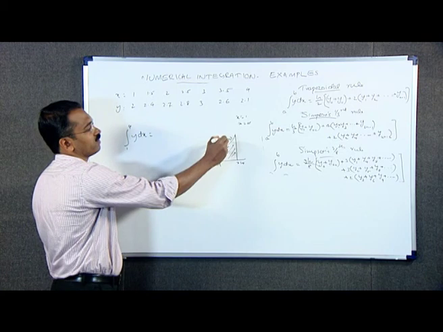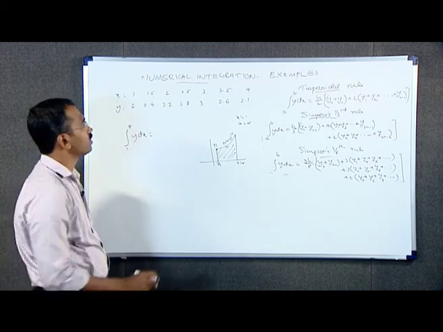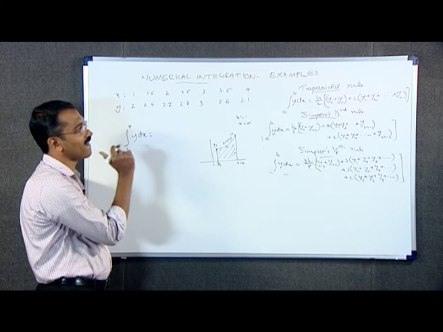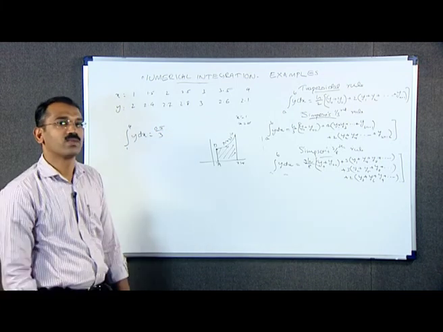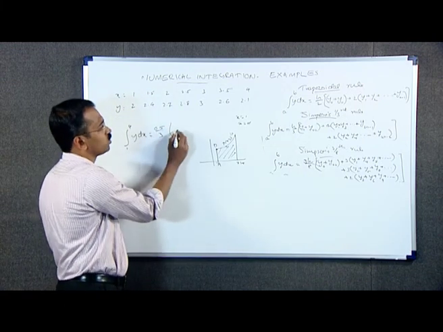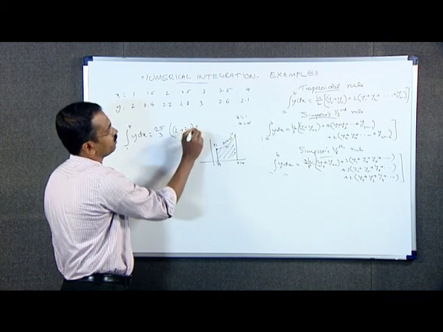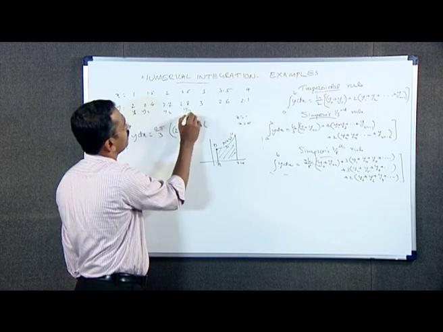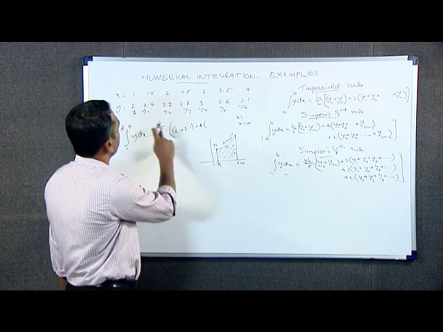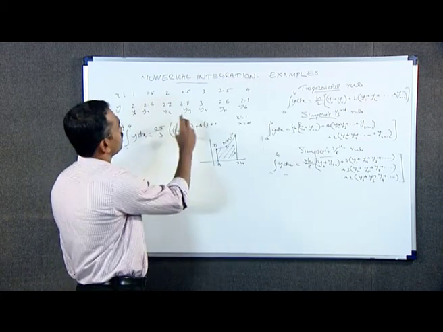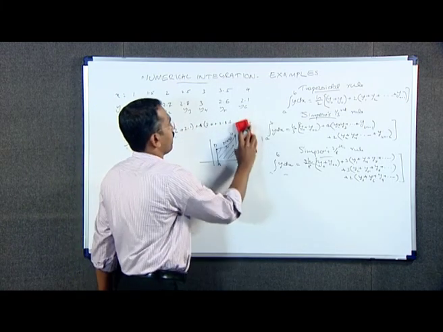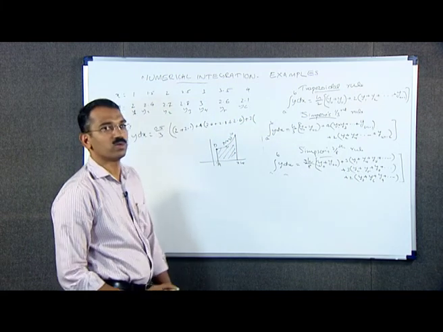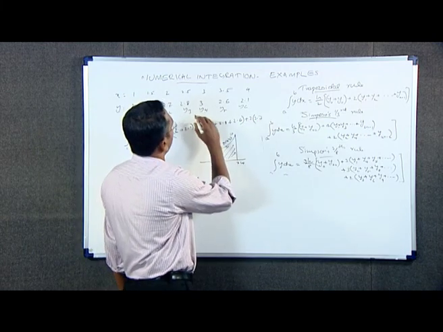is equal to h by 3. Here h is 0.5, that is equal to 0.5 divided by 3 into y naught is 2 plus the last ordinate is 2.1 plus 4 times y1 plus y3 plus etc. That is 4 times, this is y naught, y1, y2, y3, y4, y5 and y6. 4 times y1 is 2.4 plus y3 is 2.8 plus next is y5, that is 2.6 plus 2 times the remaining ordinates, that is 2.7 plus 3.